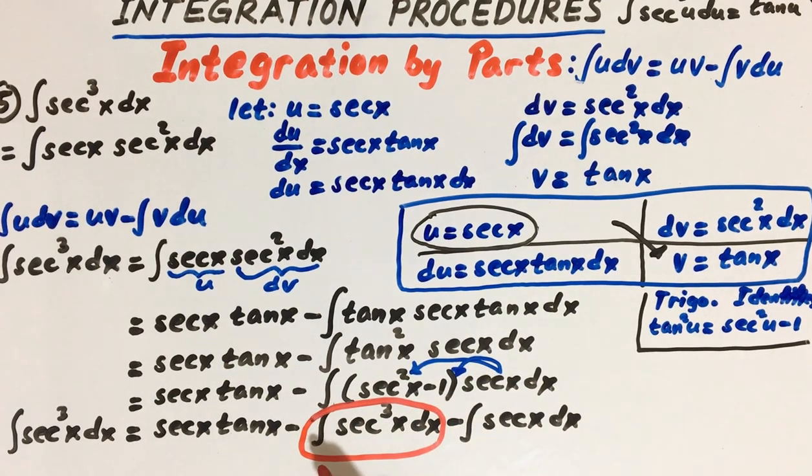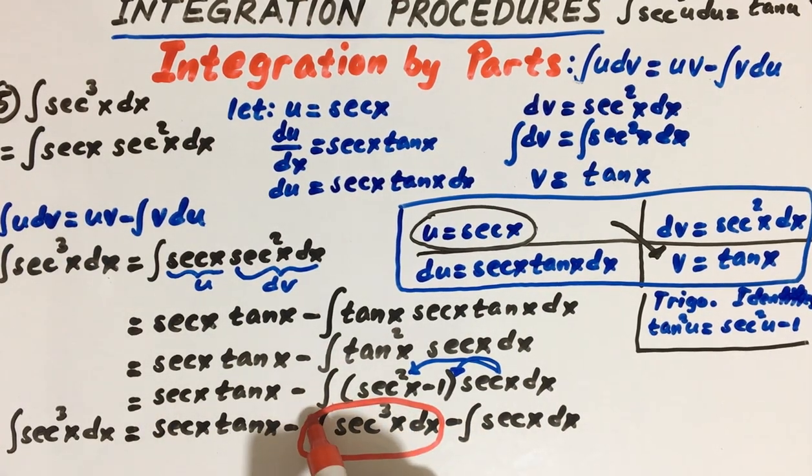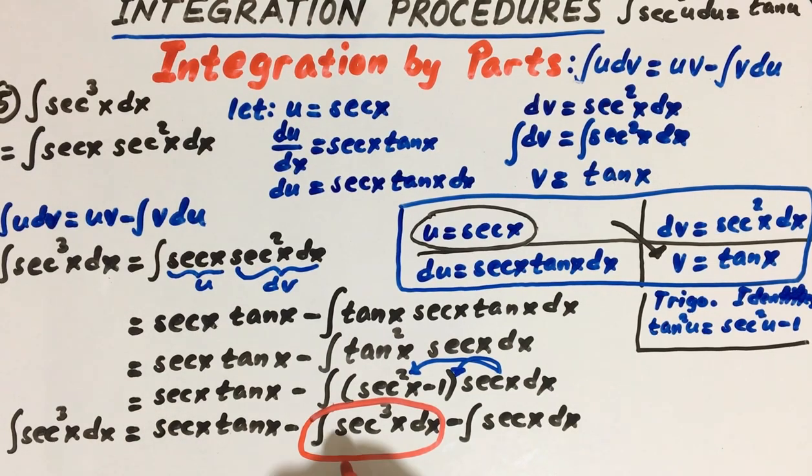If you transpose this to the other side, or if you add both sides by the integral of secant cube x dx, what will happen? This will be 0, but you're adding the other side with the same expression.